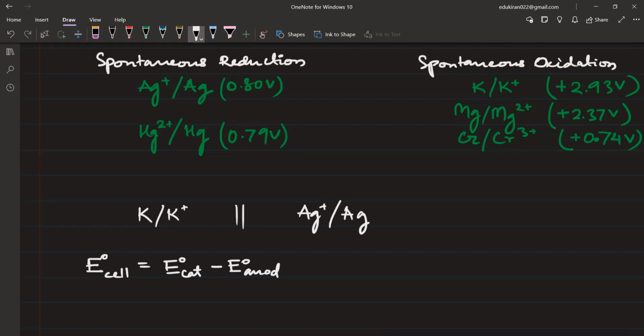Why is it not E anode minus E cathode? Yes, Nawal. Why is it not the other way around, or Rifat? Both of you said the same answer. E cathode minus E anode. Tell me, why is it not the other way around?